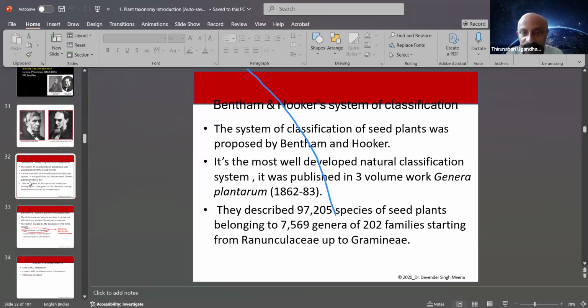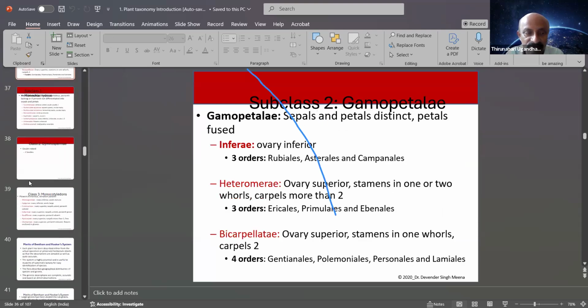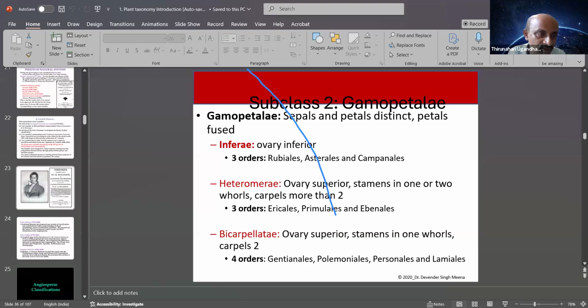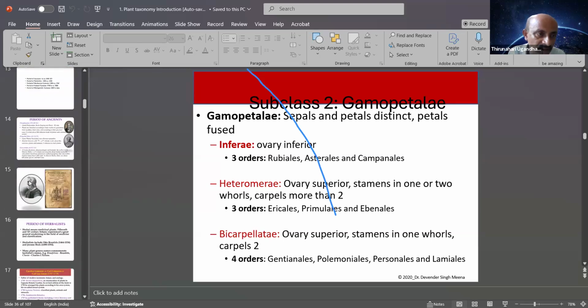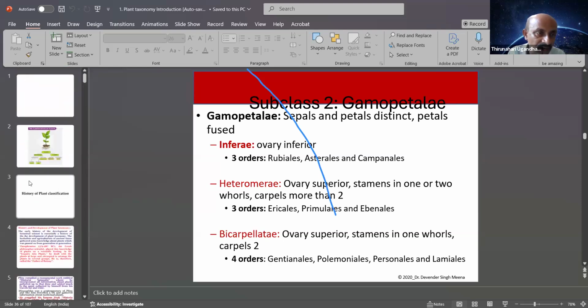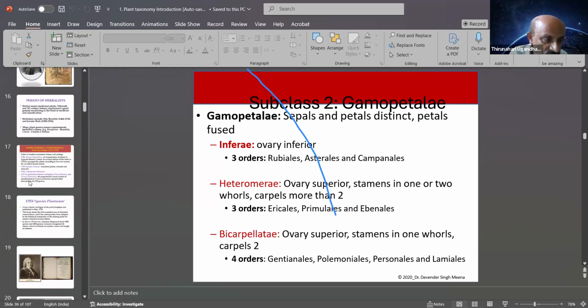So this is George Bentham's classification. It is most important for all types of classification systems: artificial, natural, and phylogenetic.